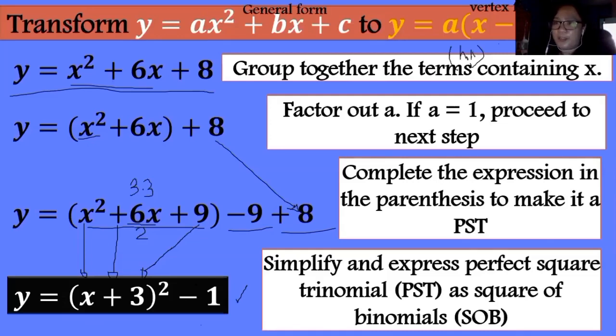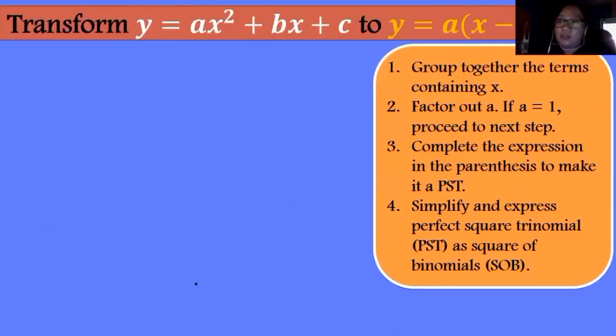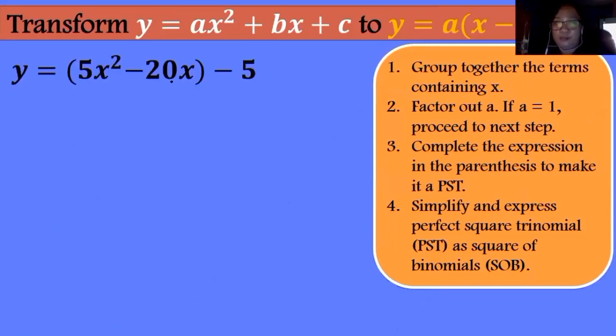Another example. It says here, group together the terms containing x. So I group the first and the second term with a parenthesis. Then we're going to perform factor out a. Since the value of our a is not equal to 1, we're going to factor it out, meaning to say, bring out 5.